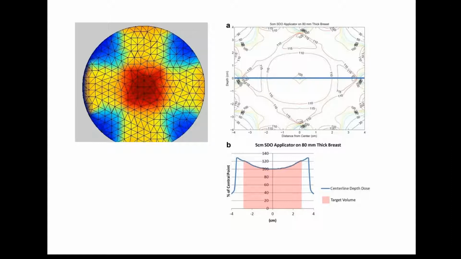And you'll also see that the dose peak actually extends beyond the physical edges of the applicator by a few millimeters. And we find this actually very advantageous related to certain clinical circumstances, as I'll show in some slides in a few moments. Next slide.